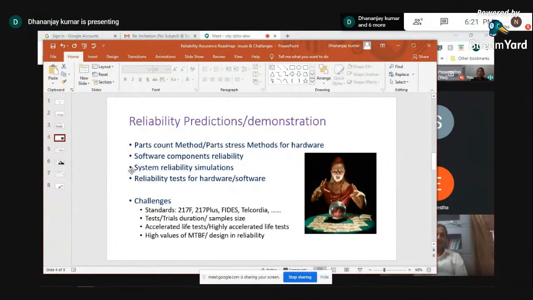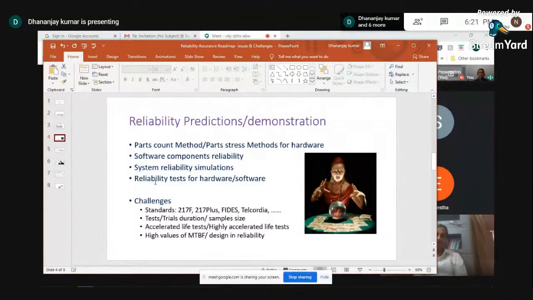And then the other way, people have been trying to do simulations of the operating time or looking at the environment and trying to predict how many failures we can expect. How do you meet the reliability for 100 hours or 20 hours of operations? Then ultimately, some of the customers or manufacturers will look at how to do reliability testing for the hardware and software.